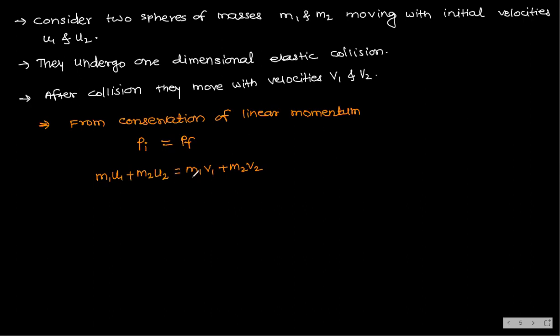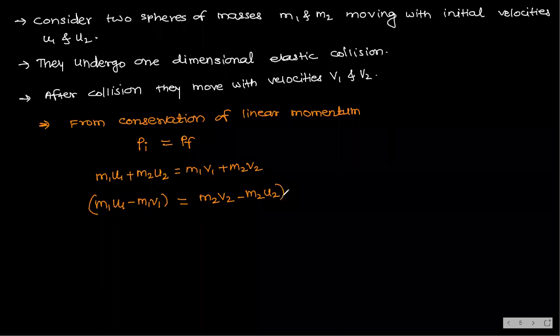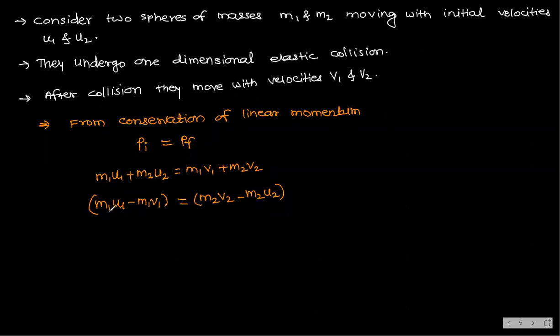Now what I am doing, this V1 term I am transferring here, and the two terms I am transferring here, all one terms. So that's why M1 U1 minus M1 V1 is equal to M2 V2 minus M2 U2. Now I am taking M1 common from this side.